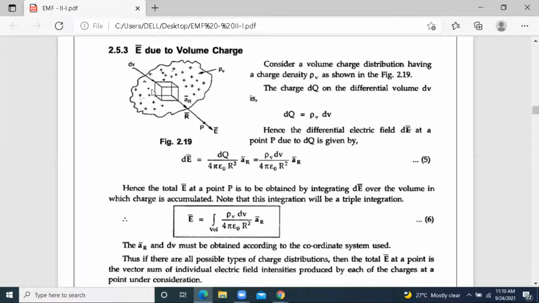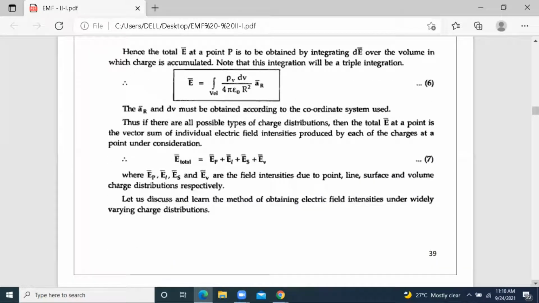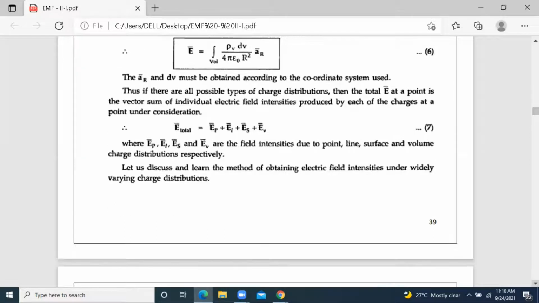So look at the cube. You have length, width, height, which is the volume. So this integral is a triple integral.